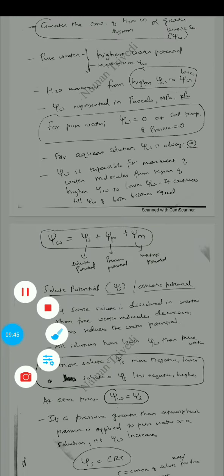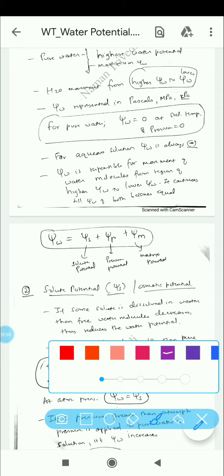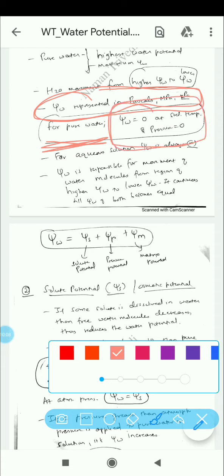We always represent this potential in pascals. The unit is pascals, just like pressure. We can have megapascal, kilopascal. For pure water at standard temperature, if you know about STP, psi W will be 0 and pressure we will consider at those conditions as 0.